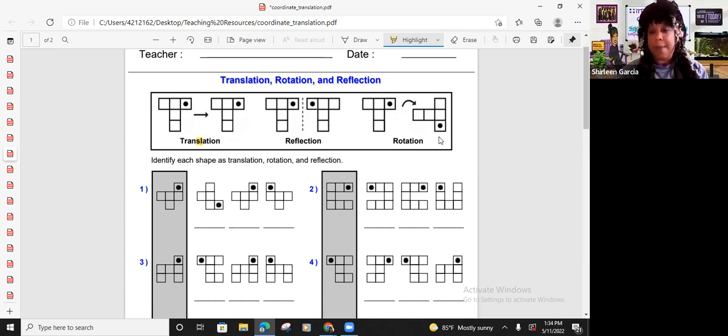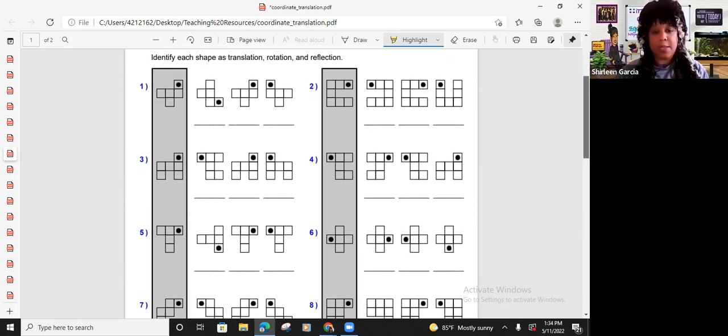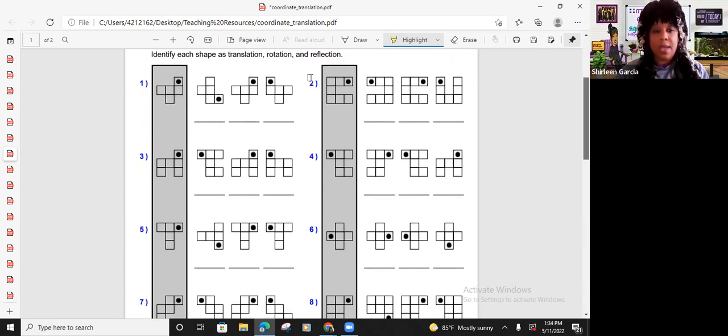So let's see how many of these we could get done together. You're going to tell me if the shape is a translation, a rotation, or a reflection. And this is the model that we're comparing the 3 to, okay? So look at this shape.